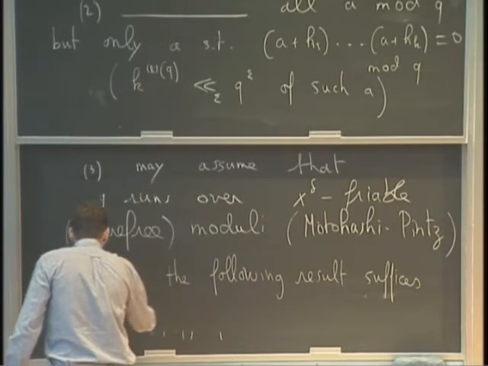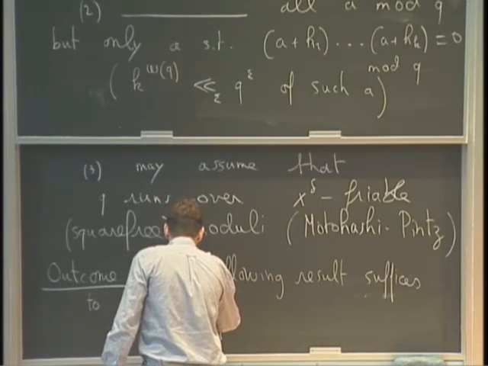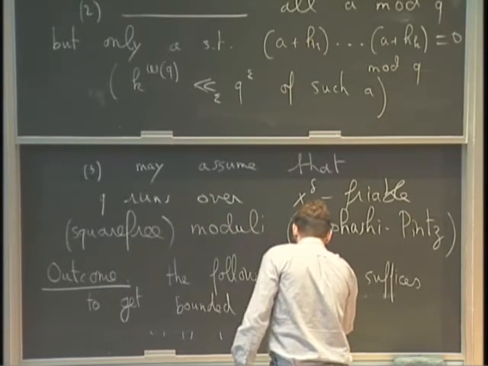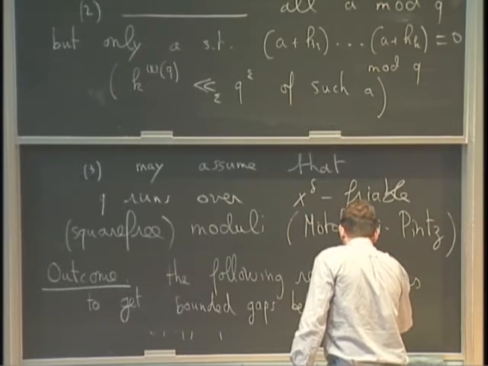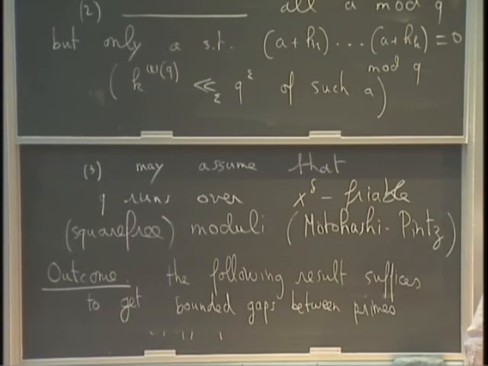So that's the same theorem I stated on Friday, but I will restate it again. So this is the theorem of Zhang. This is the slightly stronger version in the Polymath 8 project. And it goes as follows.